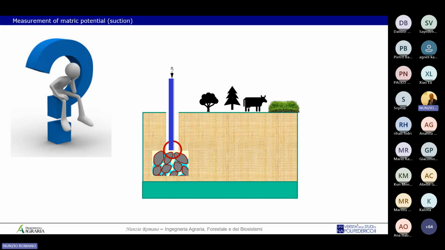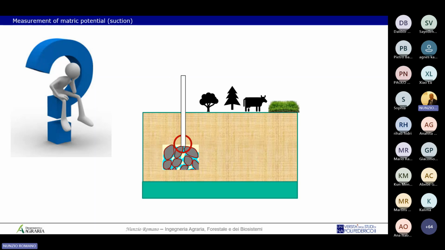So the positive pressure prevails, is greater than negative, and you lose water. Hope things are clear now in this very simple experiment. This means that you cannot use the piezometer to measure the suction in the unsaturated soil.